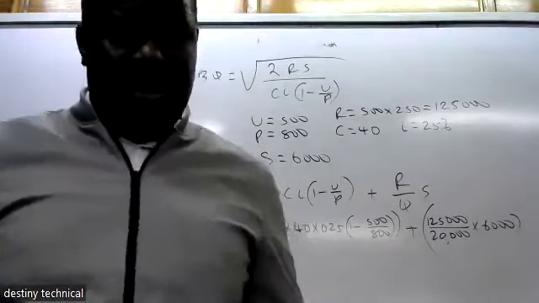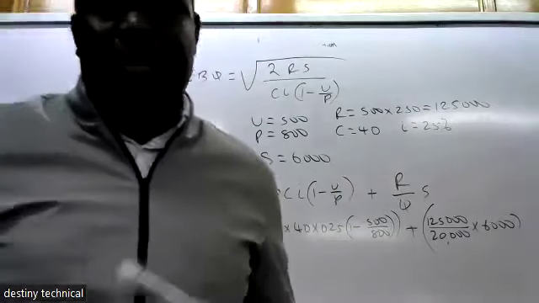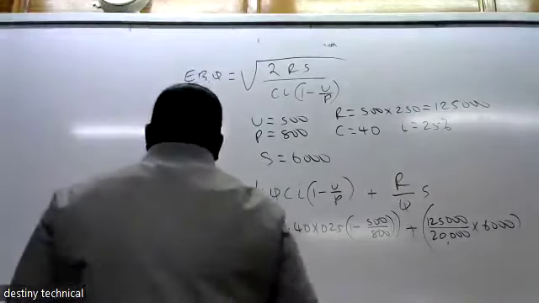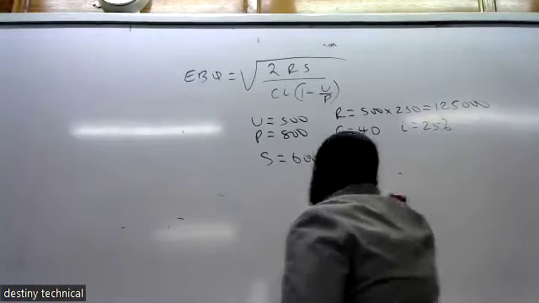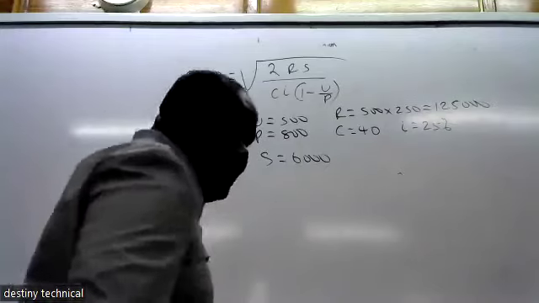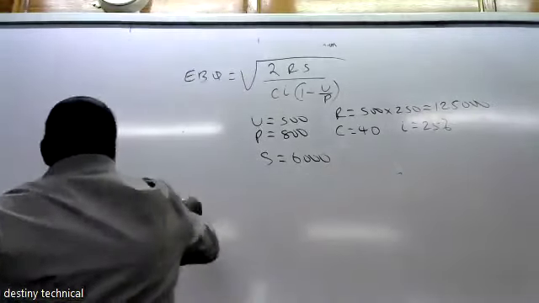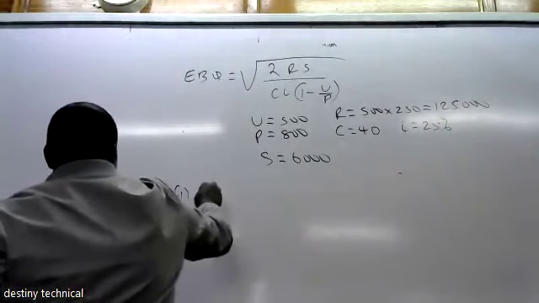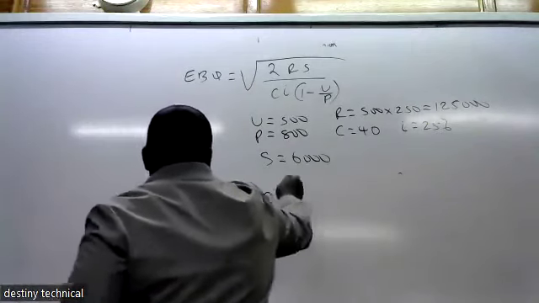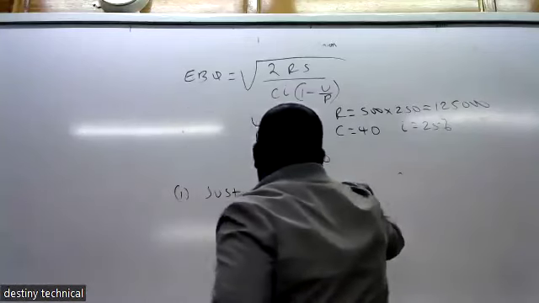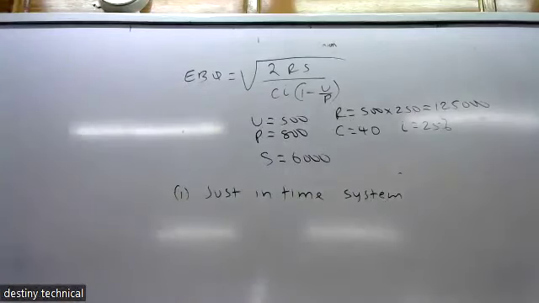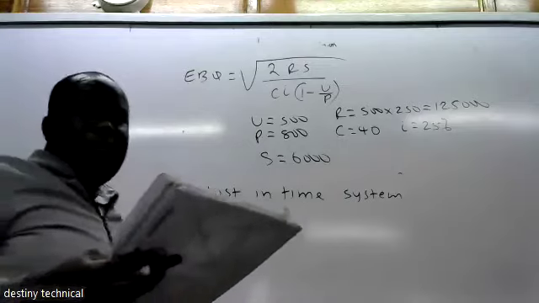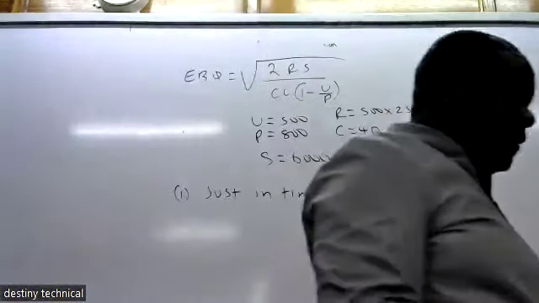So under the qualitative models, the first one should be the just in time system. So the first model, which is for quality, is the just in time system.